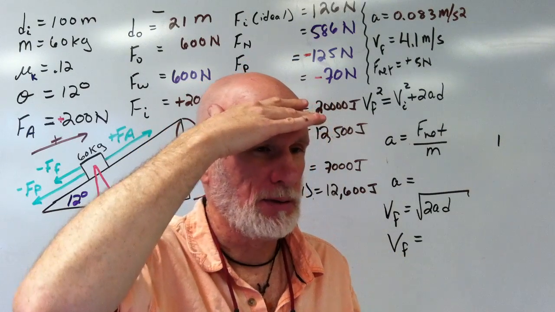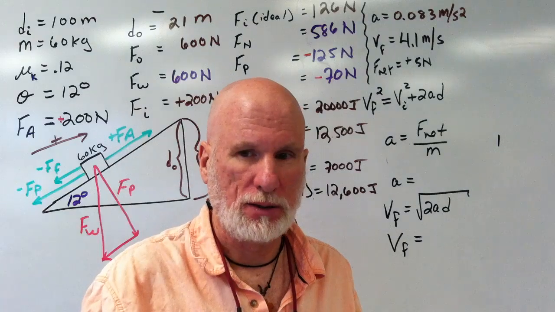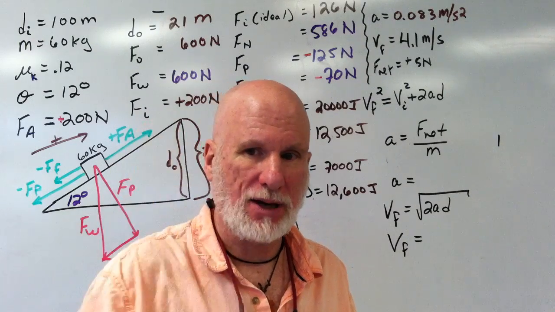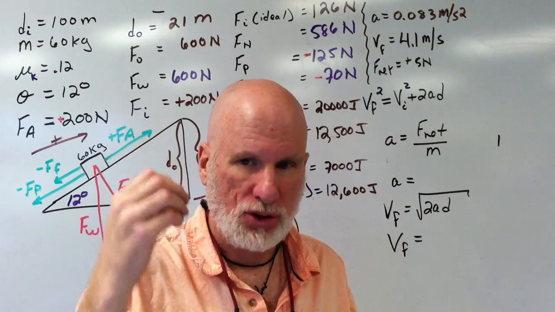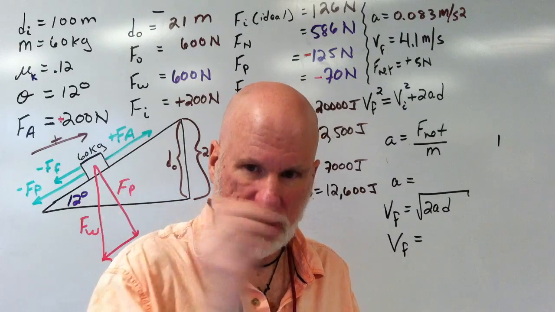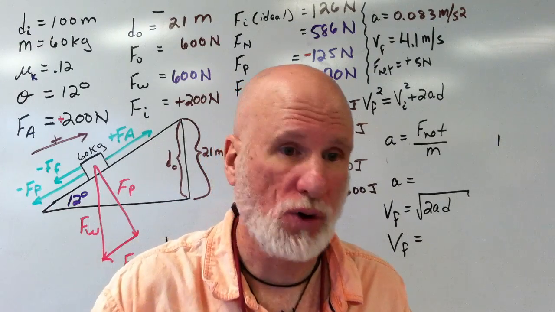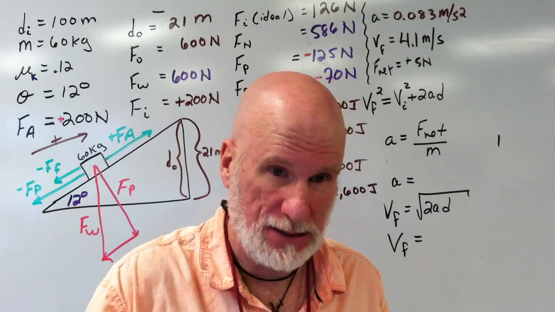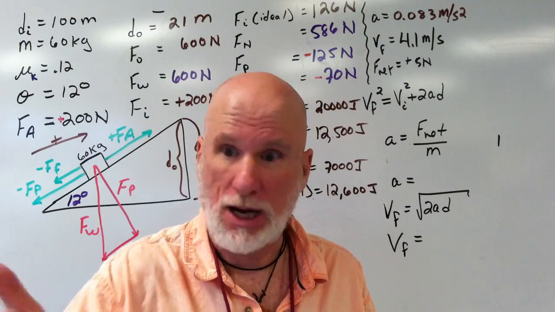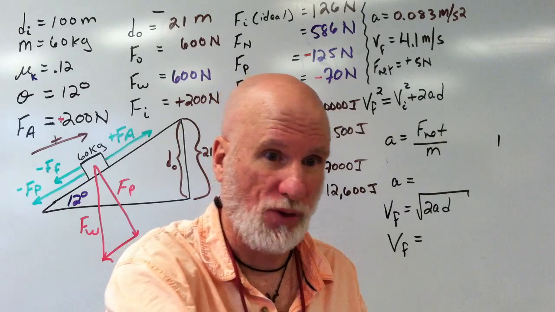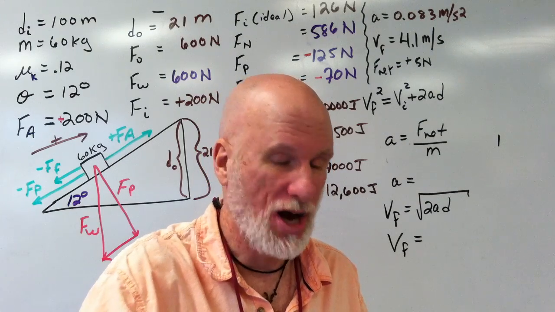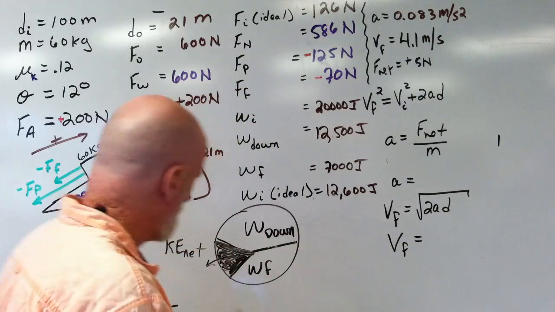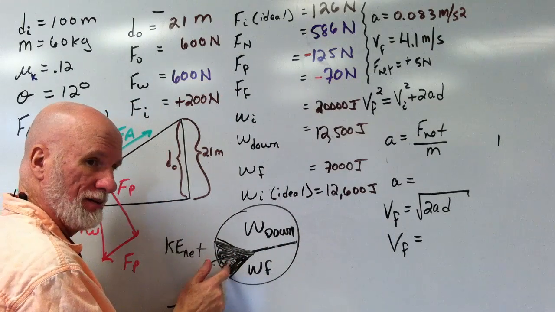What's work? Let's do it this way. What's the mechanical work that I used to get from the bottom to the top? Isn't work force times distance? Yes. What's the distance? 100 meters, right? And what's the force? 200? No, that little sliver, the 5 newtons.